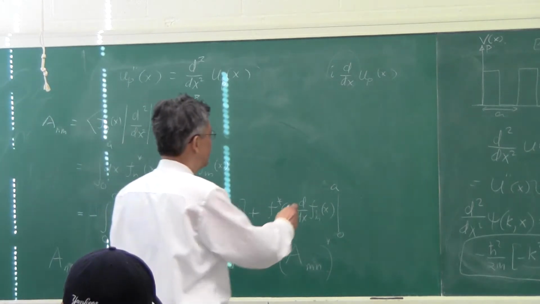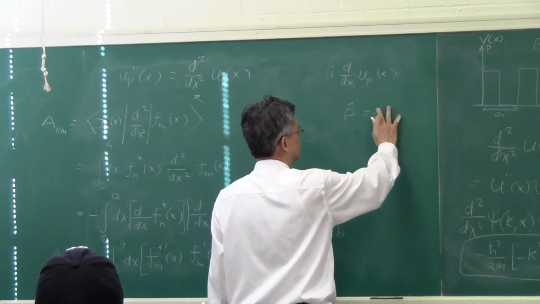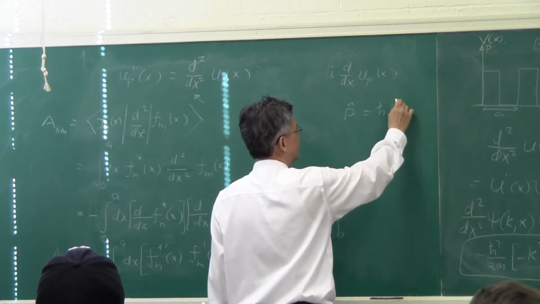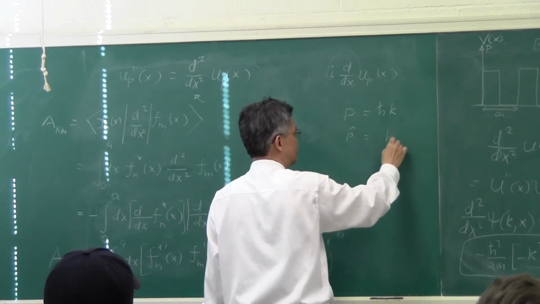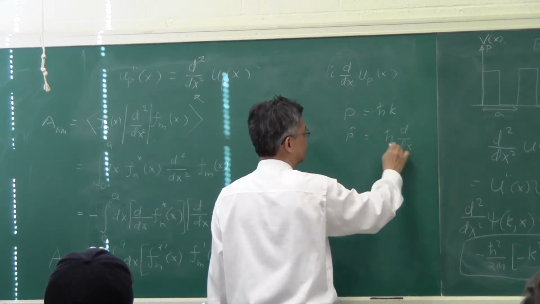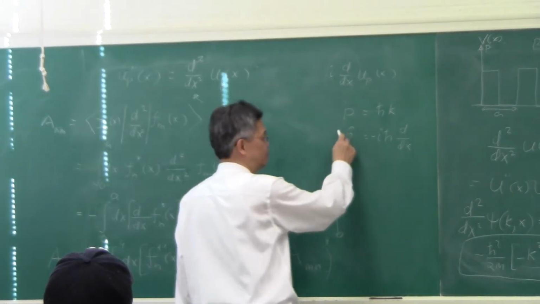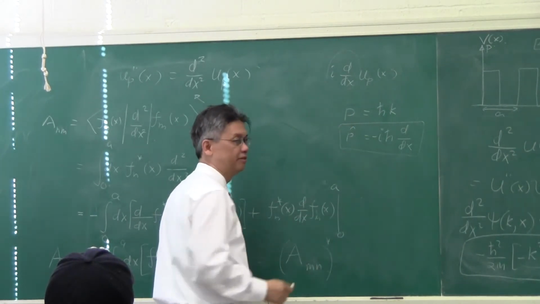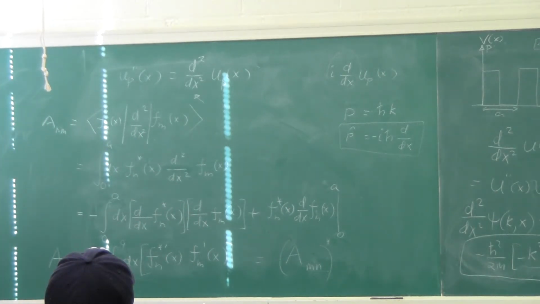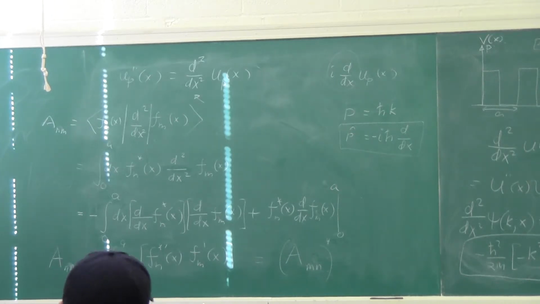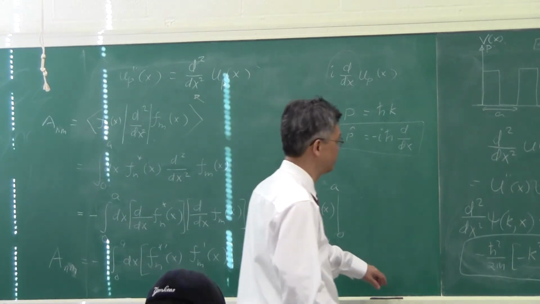Remember that the momentum operator p hat is minus i times h bar k hat. P is h bar k, so p hat is h bar d/dx with a minus i in front. We previously proved that p hat is an observable. Because p hat is an observable, its matrix representation must be Hermitian, and its eigenvalues must also be real. I can prove again quite readily that it's Hermitian.